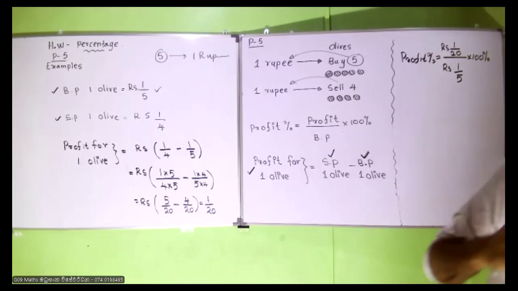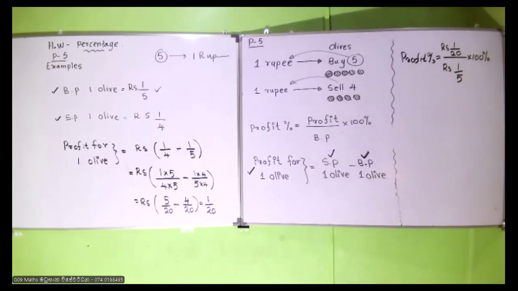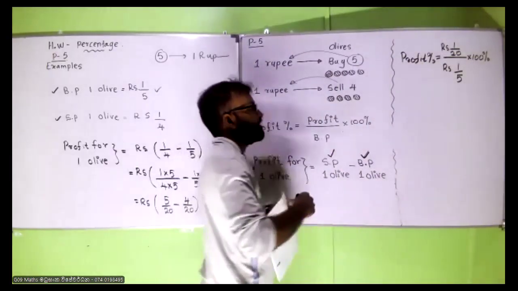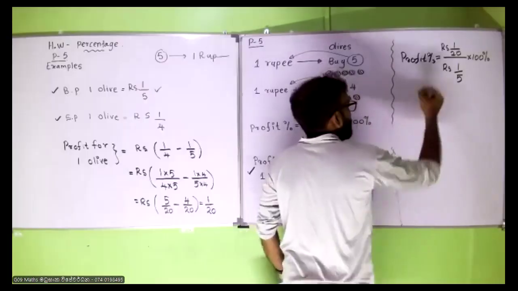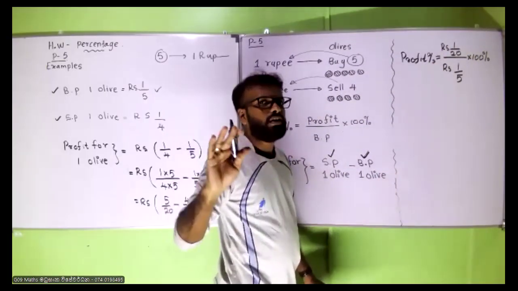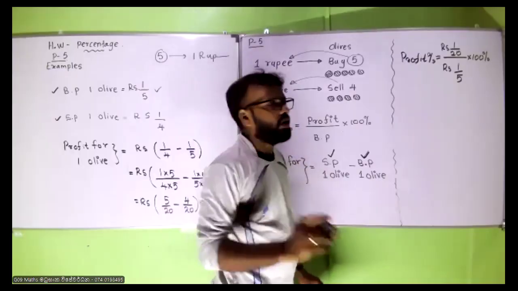So the question is, do you know how to simplify this? There is a little bit of thing that you need to understand here. So here you have a fraction. First of all, I am going to simplify what I know.